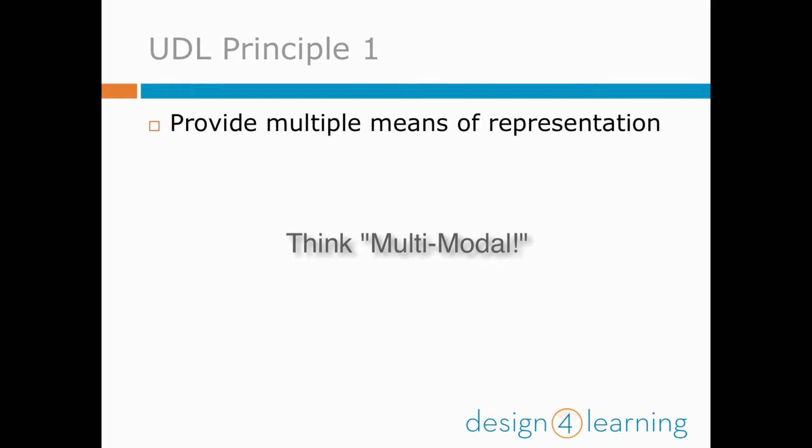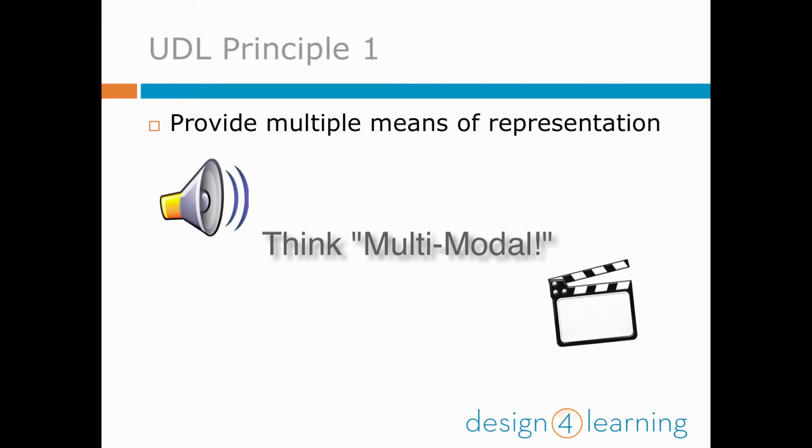Think multimodal. That simply means you present learning through multiple modes such as audio, video, gaming, and a myriad other ways that online learning environments allow us to do. By the end of the D4L series of modules, you will be able to create multimodal learning environments that stimulate all the senses of your learners.